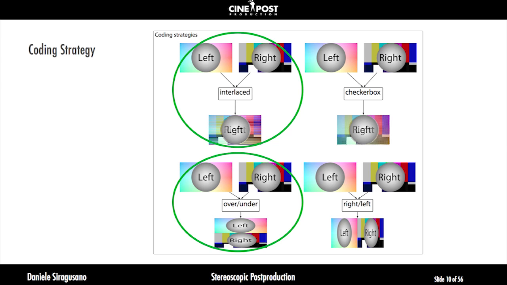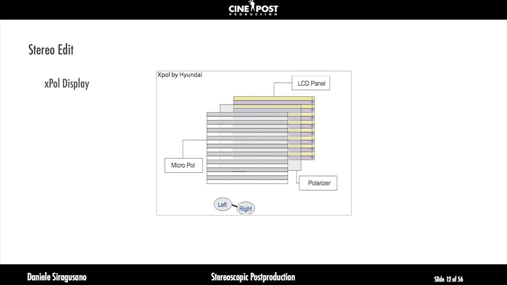We are considering these two both for two kinds of reasons. The first reason is, nearly all editing rooms are equipped with displays that use the X-pole display technique. So a passive system for TV, and they work like this.